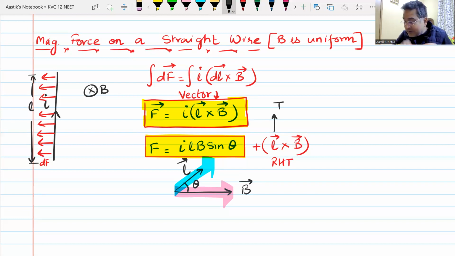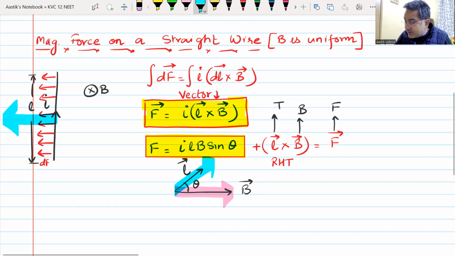Your palm will go in the direction of the field, and then you will curl your fingers from L to B. Your fingers will tell you the direction of the magnetic force. In the diagram that we have drawn, all these small forces, or the total force, is going in this direction. This is the direction of F. Do we understand this?